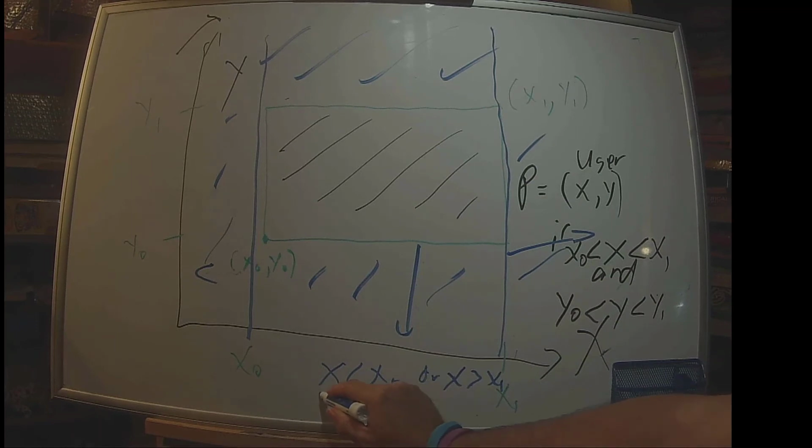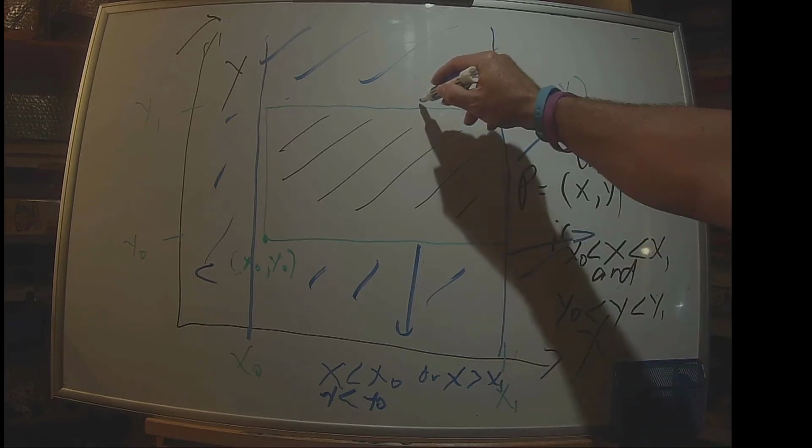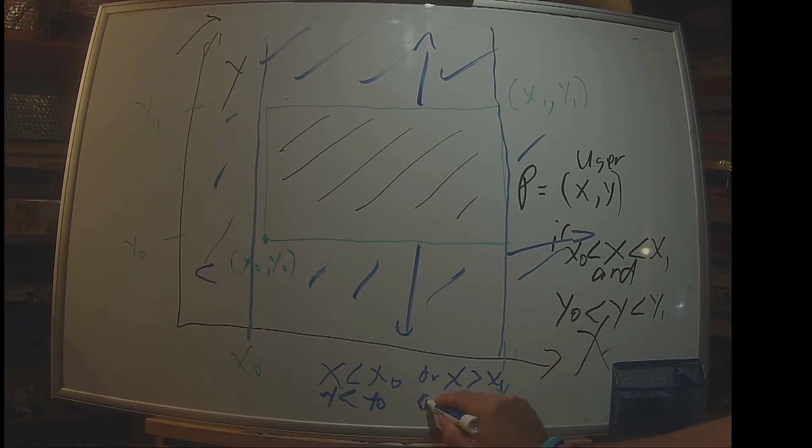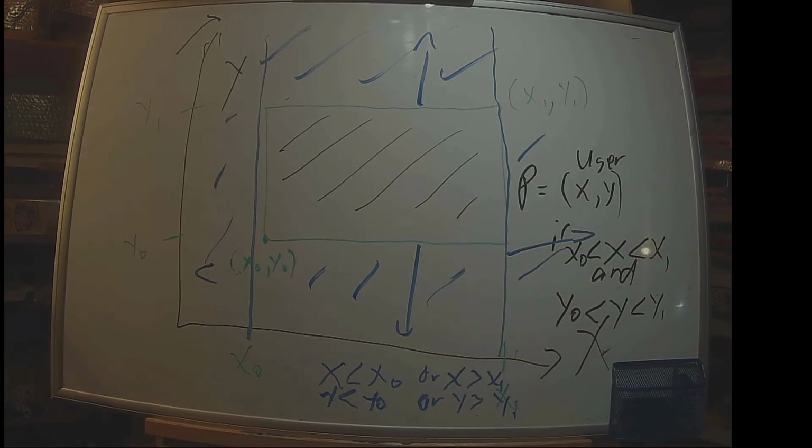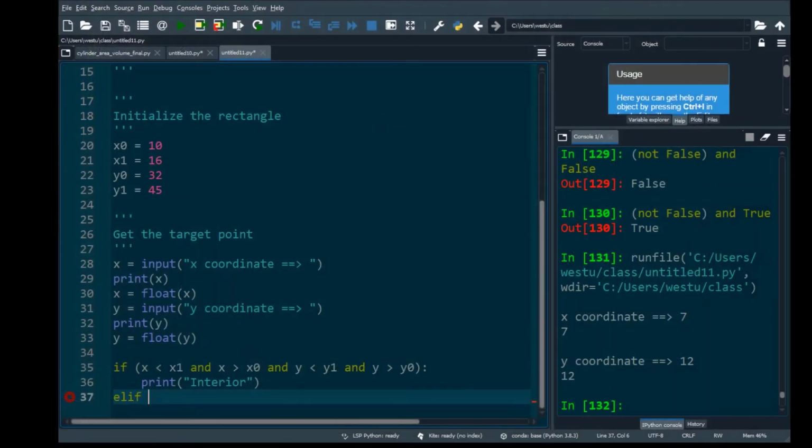This is y less than y0, and this is y greater than y1. If any one of those conditions is true, then we're in the exterior. So for the first one, all the conditions had to hold in order for us to be in the interior. And for the second one, if any of those conditions hold, we have to be on the exterior.